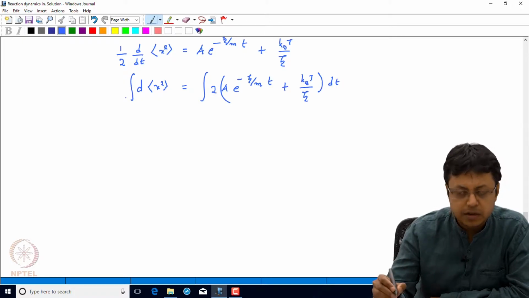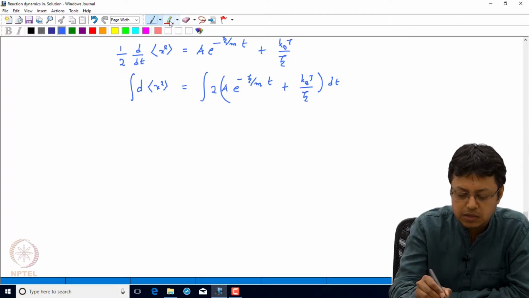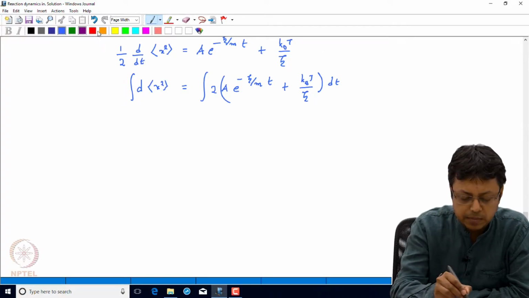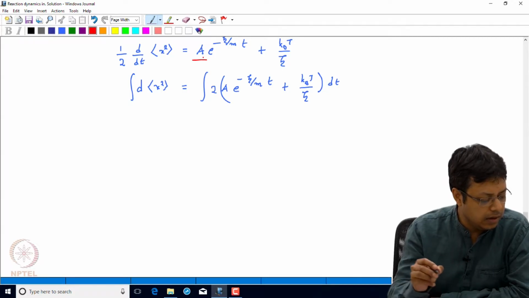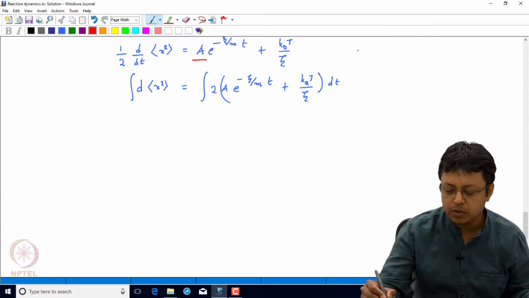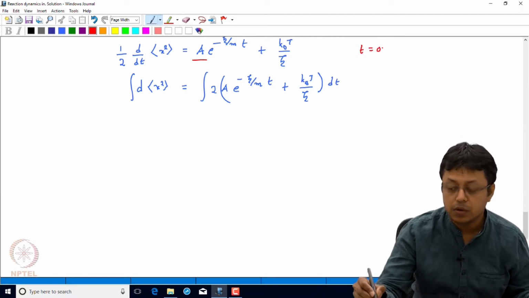Now before integration we could also figure out the value of this constant a, and that we can set very easily. We know from the initial condition that at t equal to 0 we can take x equal to 0.